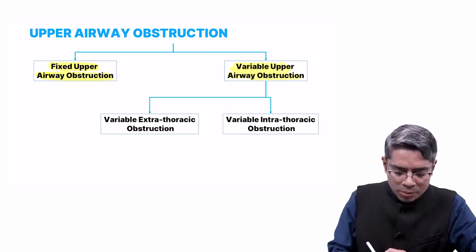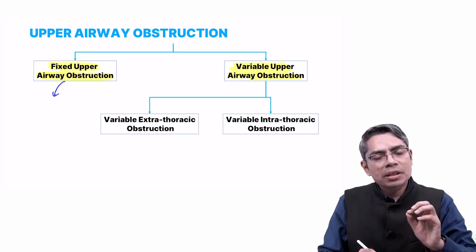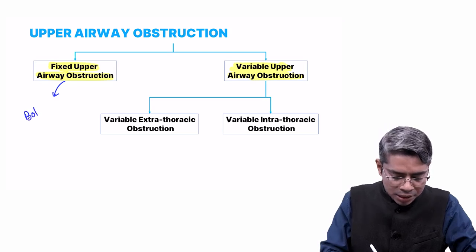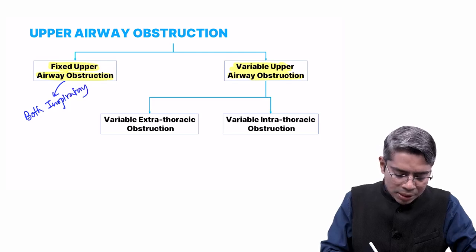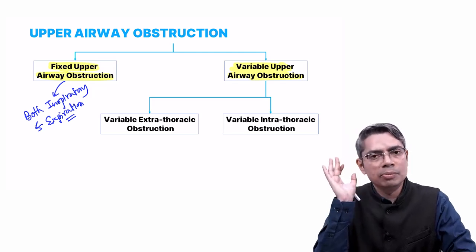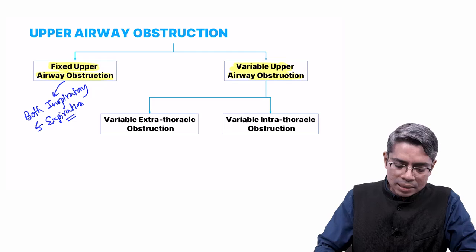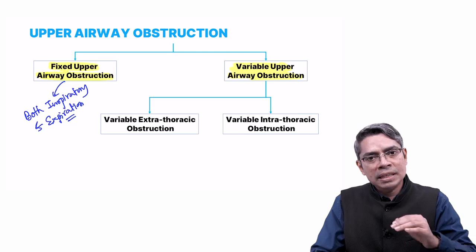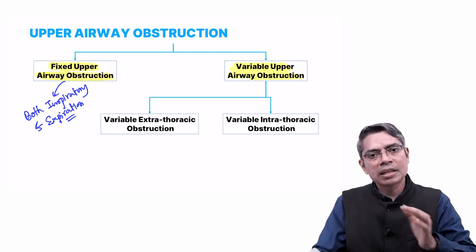Fixed upper airways obstruction means the obstruction causes problems both during the inspiratory phase as well as during the expiratory phase of respiration. So in both inspiratory and expiratory phases there will be a problem in the flow volume loop. But variable obstruction means the problem will be either in inspiration or in expiration.